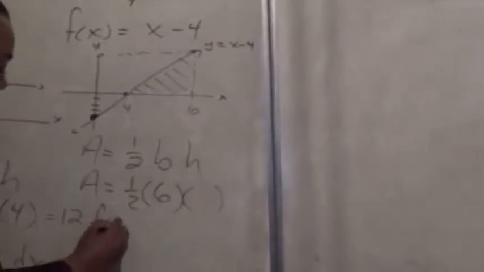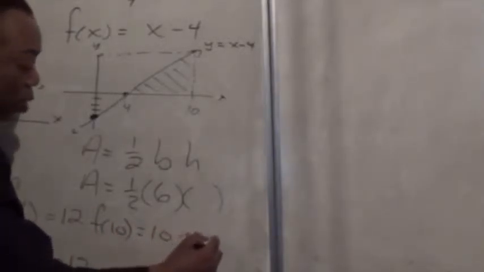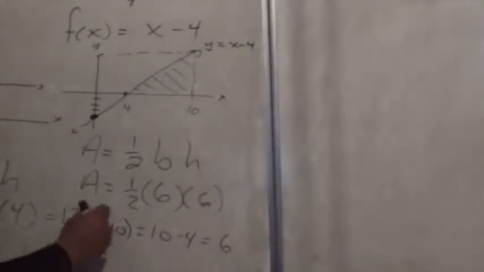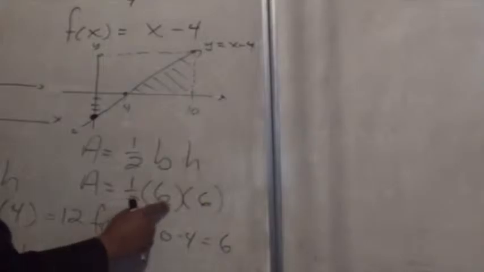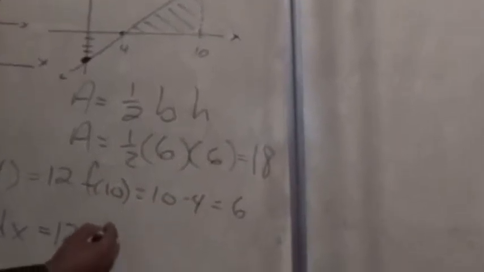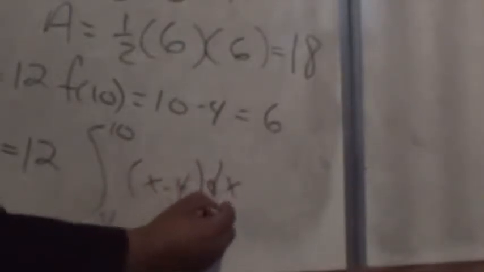So f of 10 is 10 minus 4, and we end up with 6. So this is the height. The area will be half of 36, which would be 18. Therefore, we conclude that the integral from 4 to 10 of the function x minus 4 dx is equal to 18.